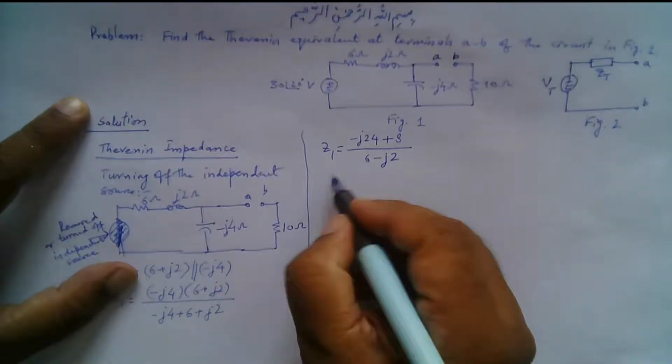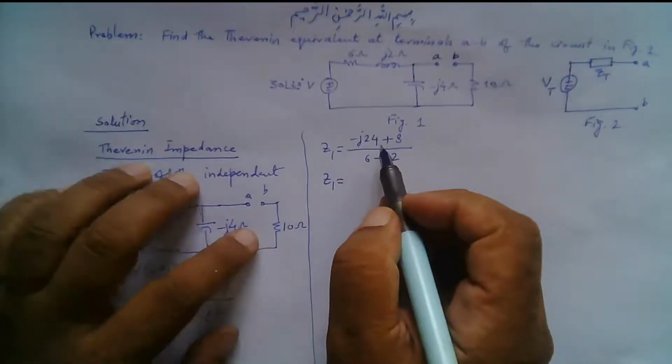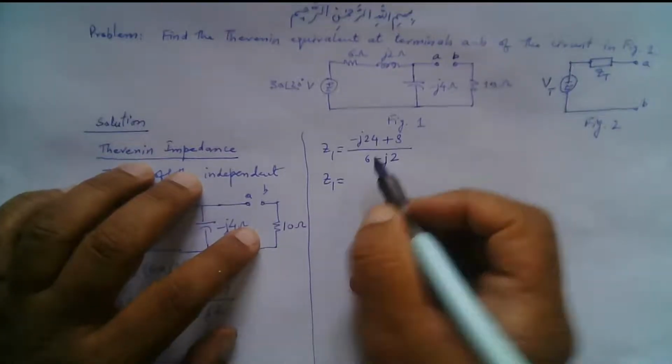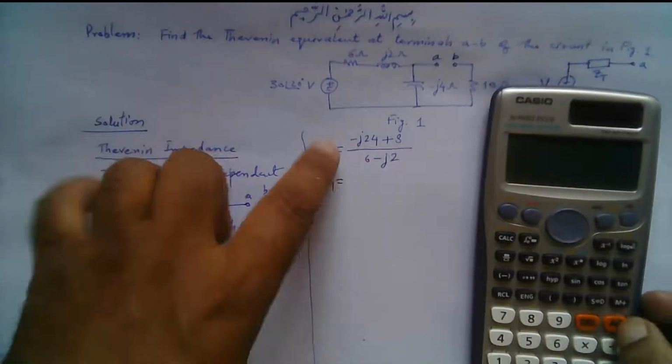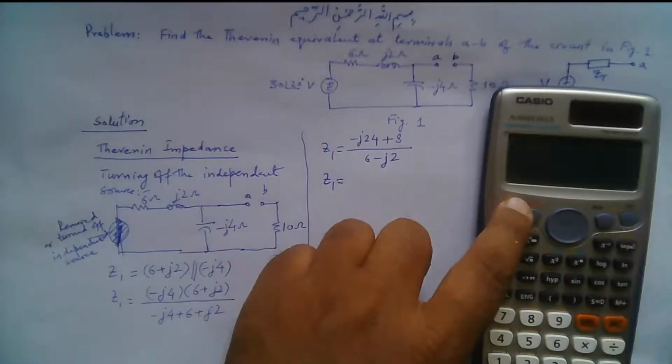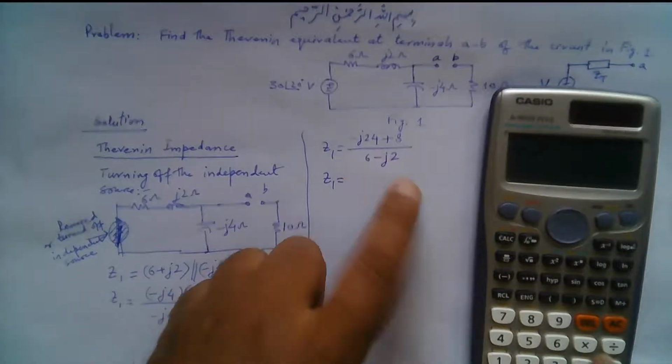So Z1 is given by, let's transform this into polar form to find the equivalent impedance. So 8 minus J24, we need to find the equivalent number in the polar form from the rectangular.